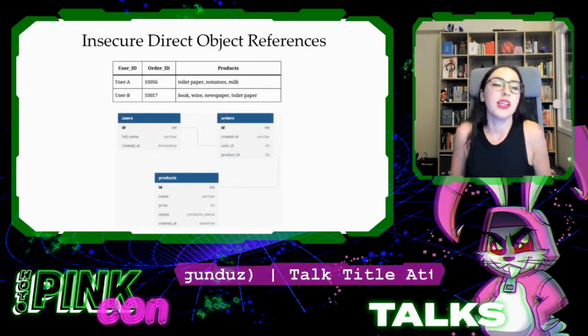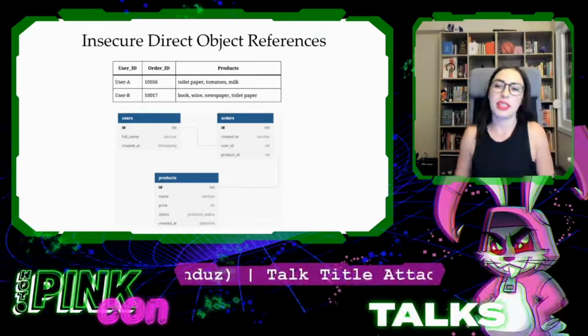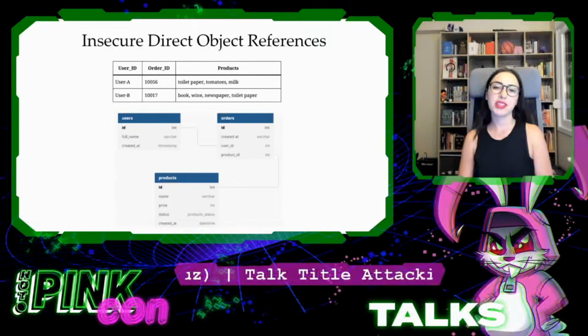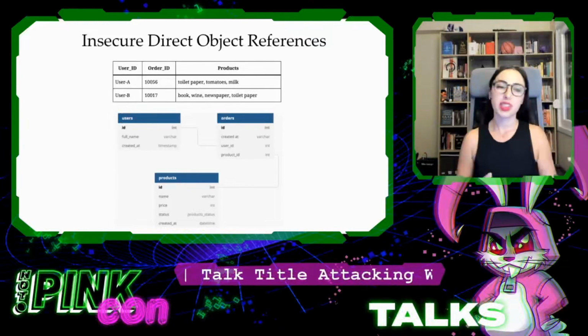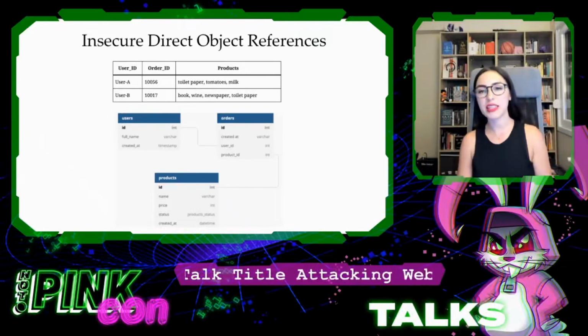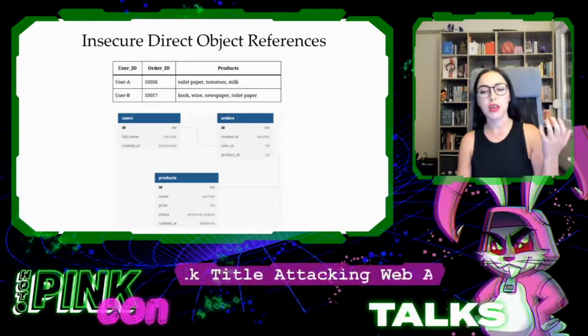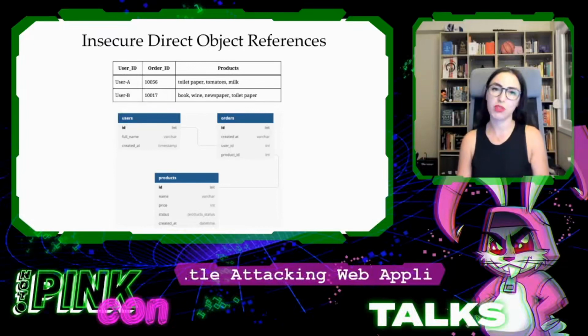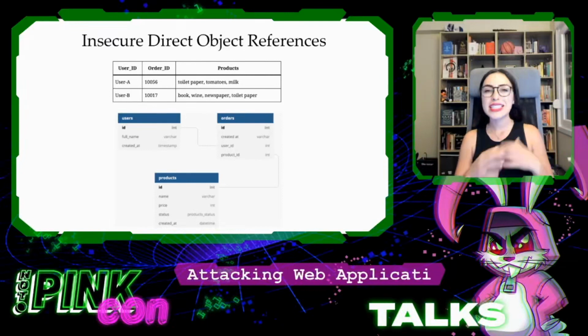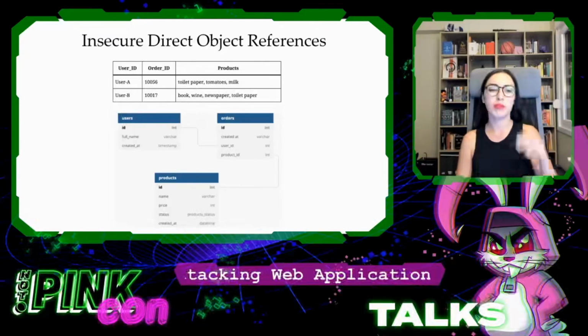So let's talk about insecure direct object references. We said that it is caused by a lack of ownership control, a lack of authorization control, right? So let's talk about it more.